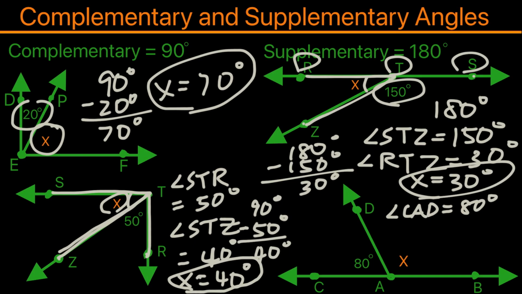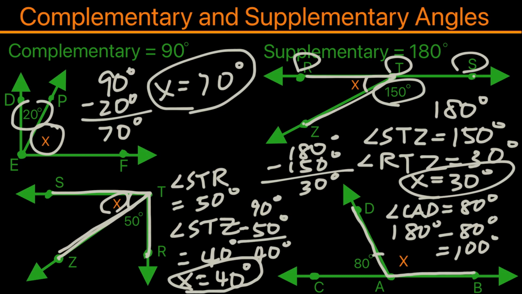And if we take the 180 degrees minus the 80 degrees, we will have 100 degrees. And so this tells us that the angle of BAD, which is the x value, and what we're trying to find the angle for, is 100 degrees. So x equals 100 degrees.